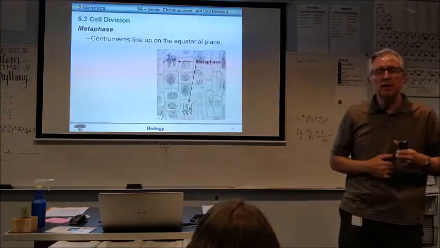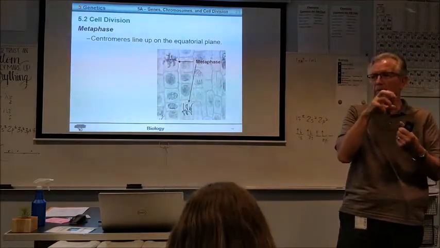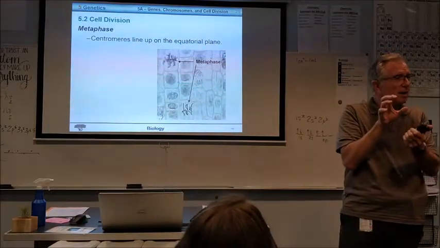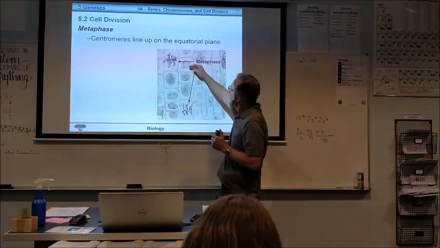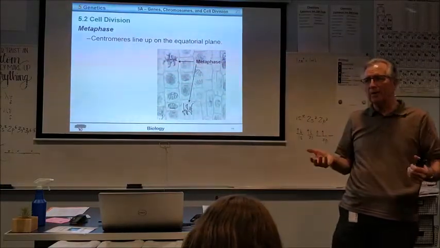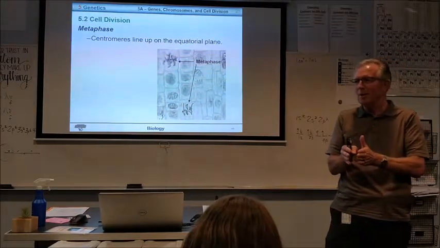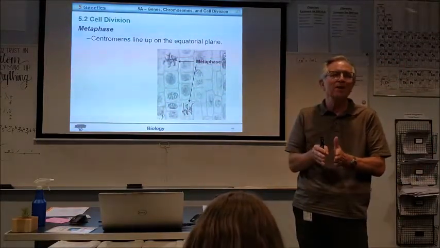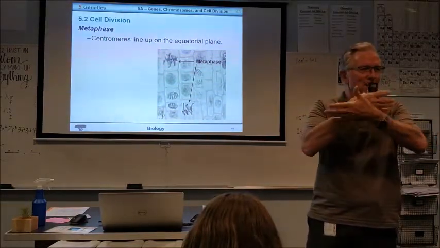So when you see in a cell that the chromosomes have already thickened up and you're starting to see them inside where the nucleus was, they start to line up at the center, sort of like in American football, where everybody lines up at the line of scrimmage. Now, here's where the difference is. In American football, they're trying to run through each other, right?